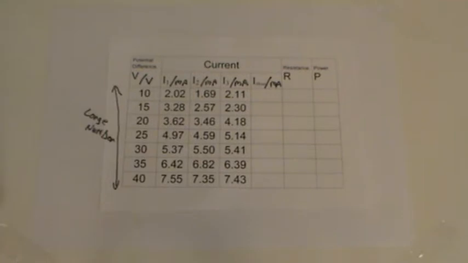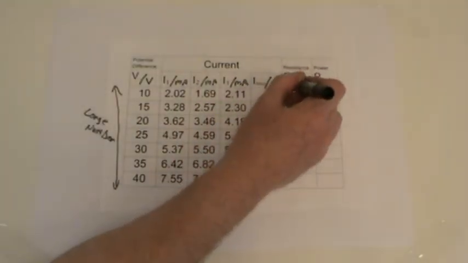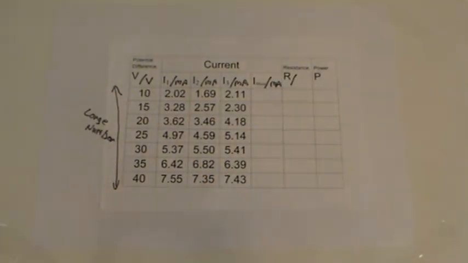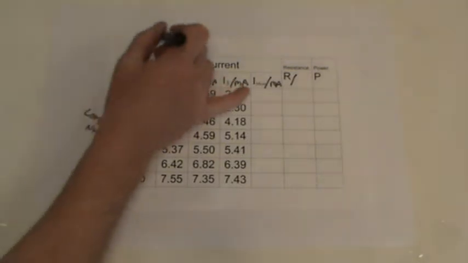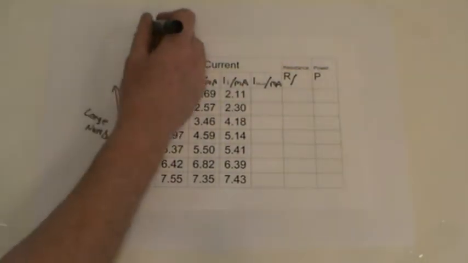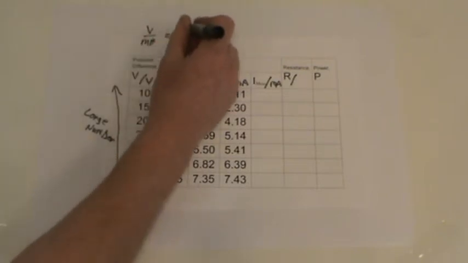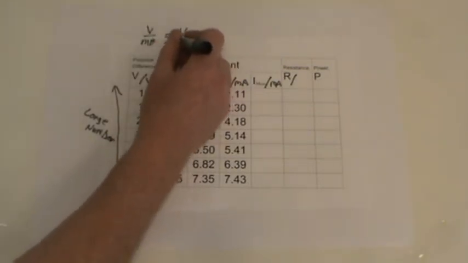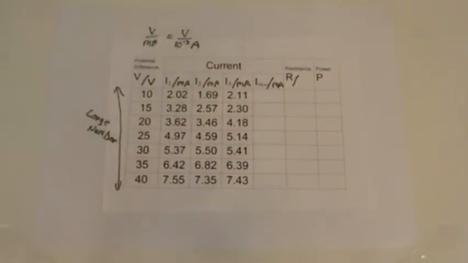Now we come on to looking at the resistance. What's going to be the unit of resistance? Well, if we're going to calculate this, we're actually doing volts divided by milliamps. So if we do volts divided by milliamps, that's the same as saying volts divided by 10 to the minus 3 amps.